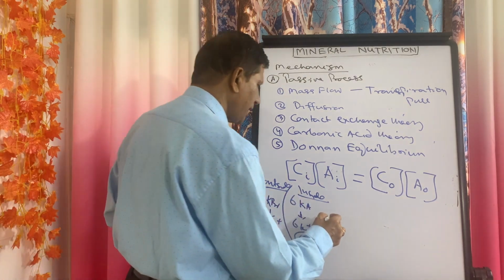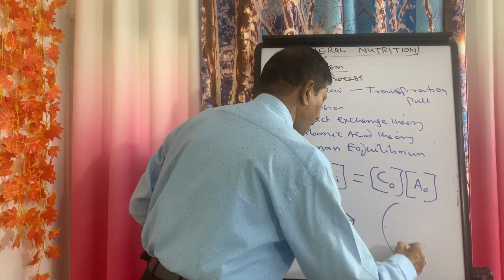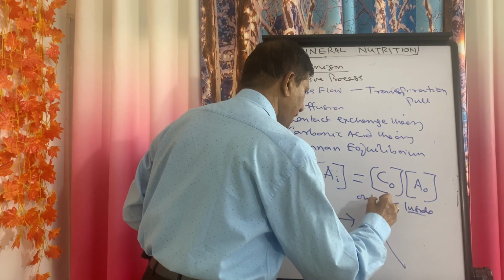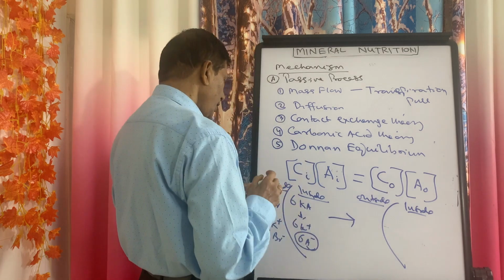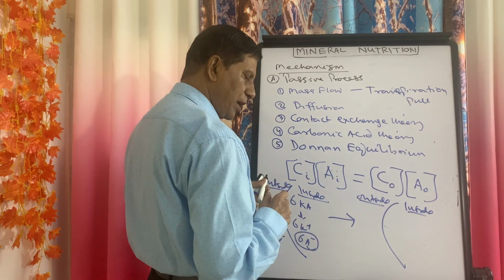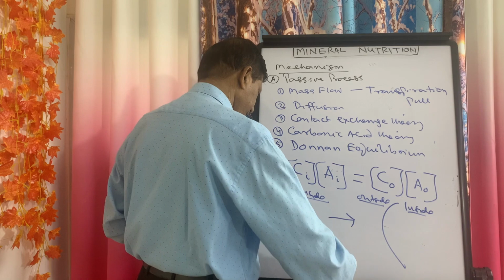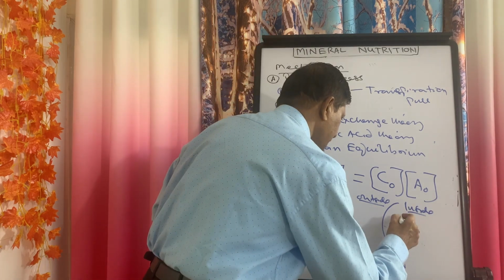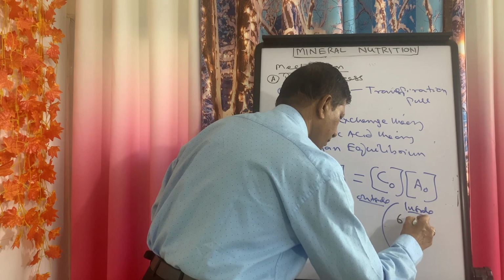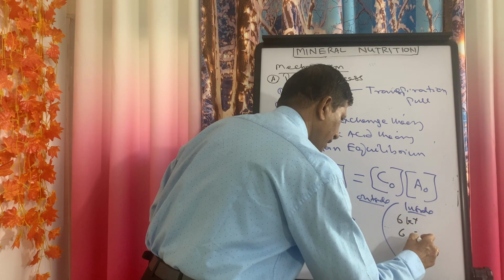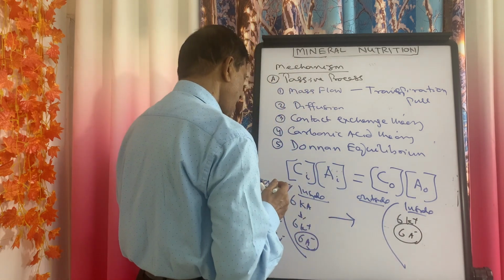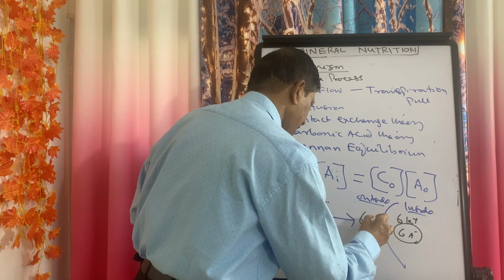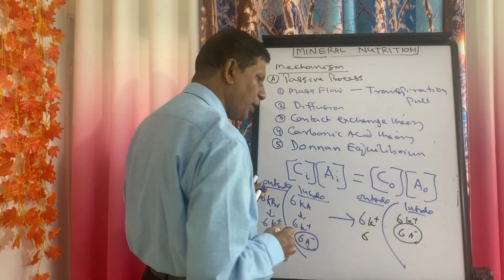So in this case, what is happening? Let us see. Now, if this is the inside of the cell and this is the outside, suppose 2 molecules of bromine will enter inside. Suppose here 6 molecules of potassium are there, 6 molecules of anions are there which are indiffusible, and here also 6 molecules of potassium are there, 6 molecules of bromine are there.